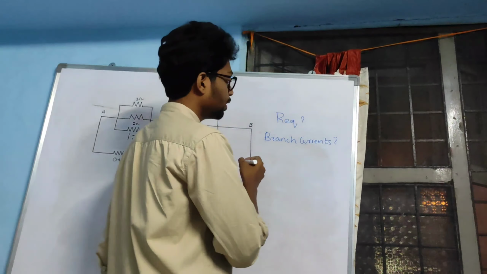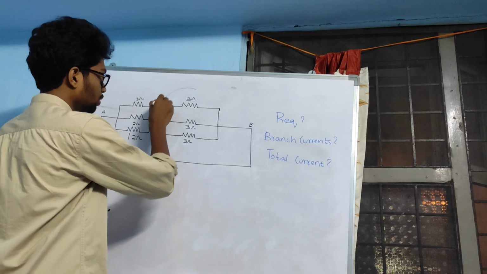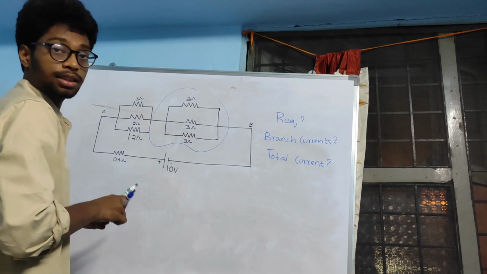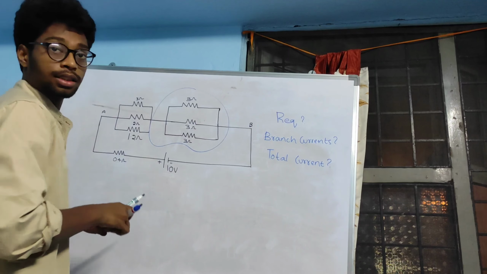Here we go with the R equivalent, friends. For finding the R equivalent, we have to know the equivalent resistance of this parallel combination and the equivalent resistance of this parallel combination. Coming to this parallel combination, we know that 3 resistances, each of 3 ohms, are connected in parallel.